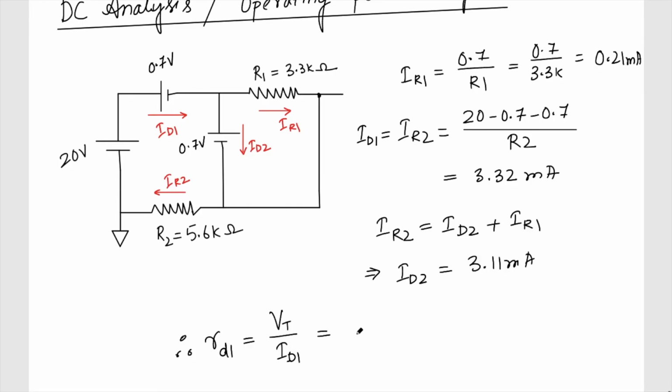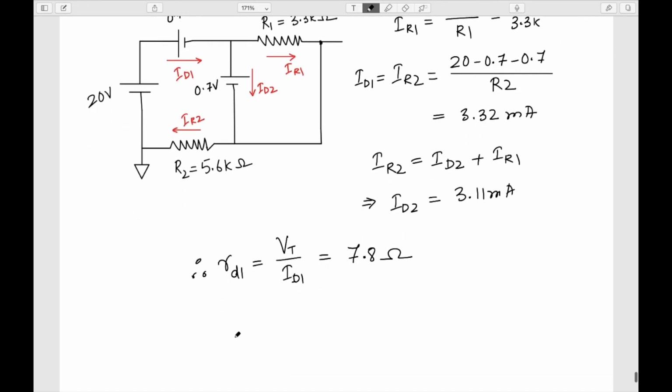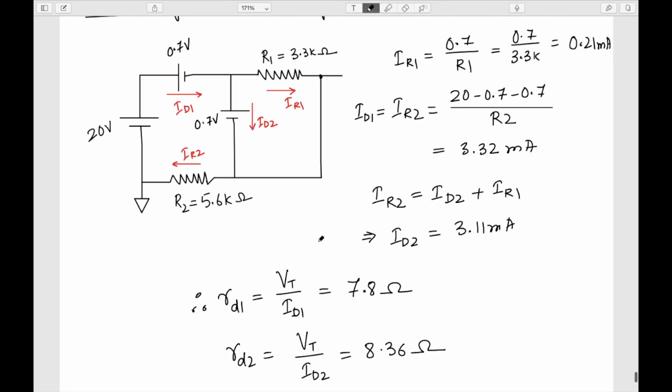If you consider VT as 26 millivolt, it comes out to be 7.8 ohms, and RD2 will be VT by ID2, and if you consider again 26 millivolt and do a division, you will get 8.36 ohms. So now these are the resistances offered to the small signal. Now we can easily draw the small signal circuit and find out the change in the V out. So the circuit will look something like this.